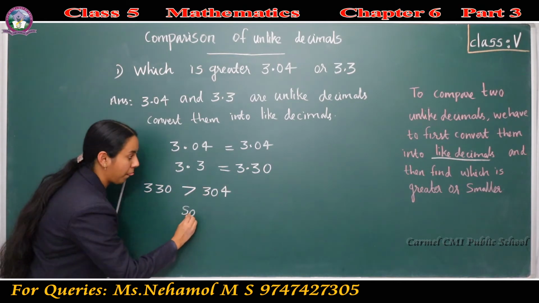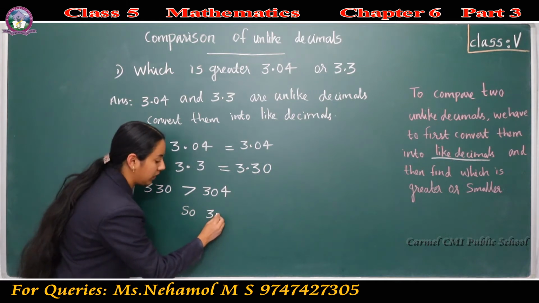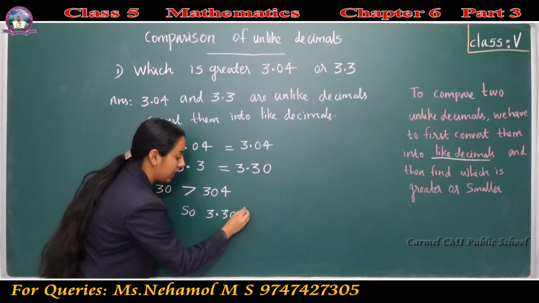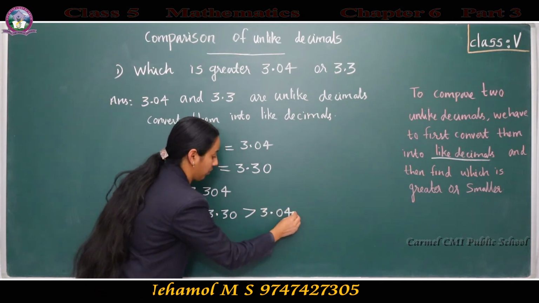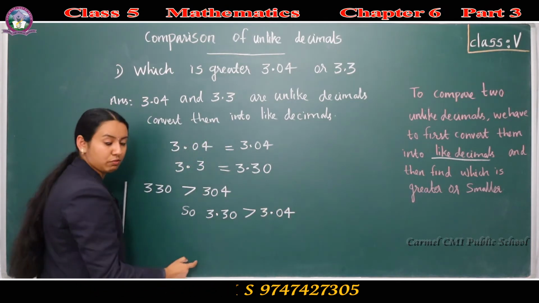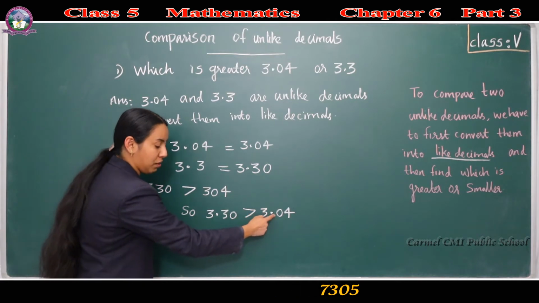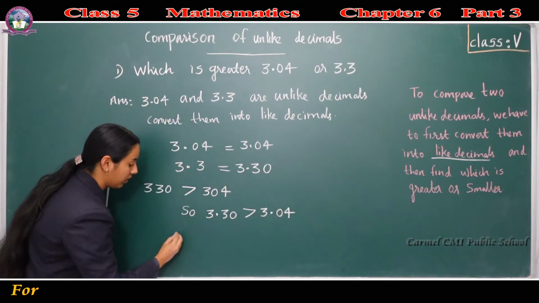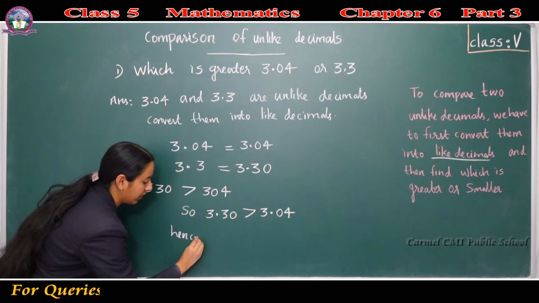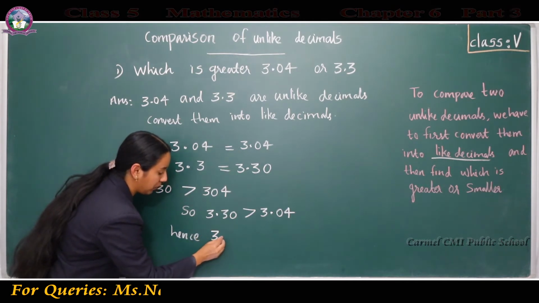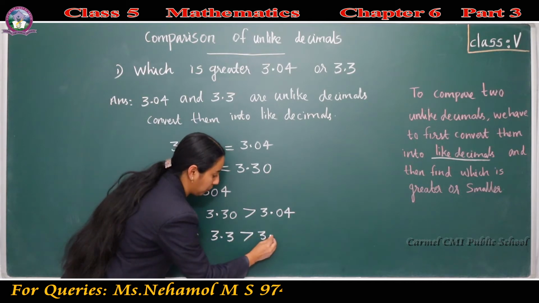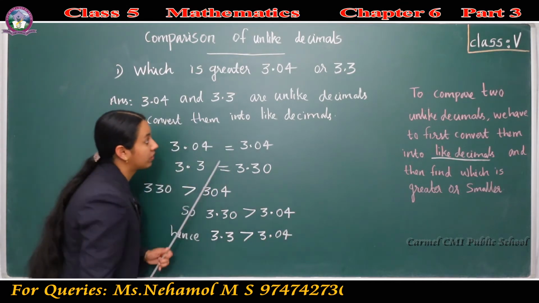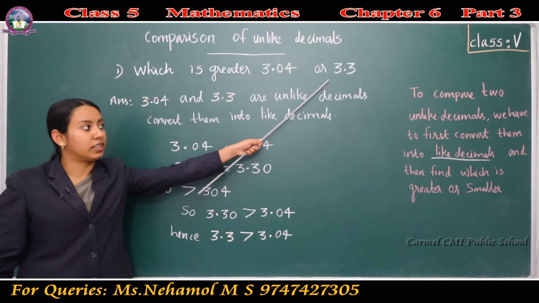So, 3.30 will be greater than 3.04. Hence 3.3 is greater than 3.04.